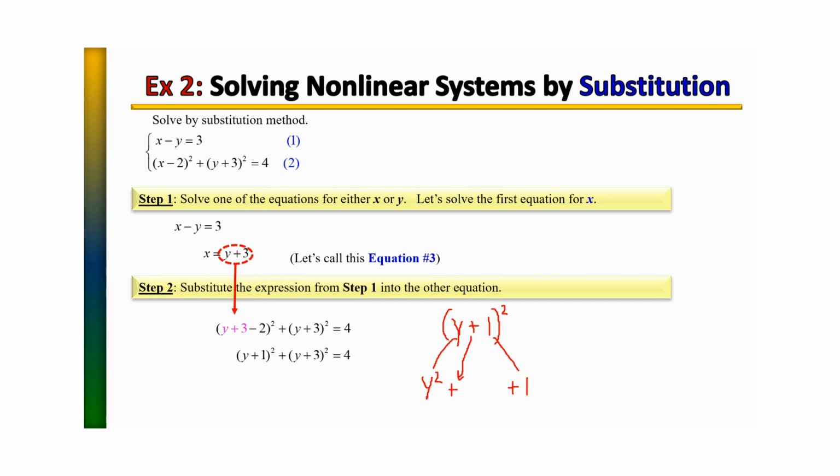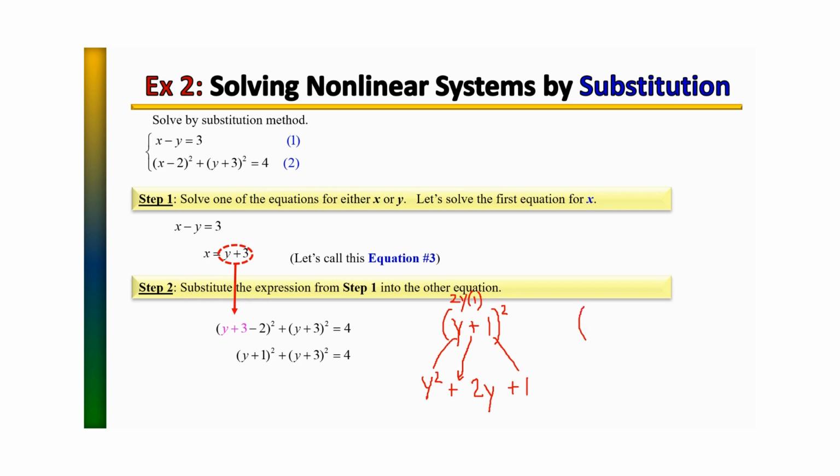To get your middle term, multiply the number 2 along with these terms. So that would be 2 times y times 1, and all that together equals 2y. And that's how easy it is. That's the square binomial method.